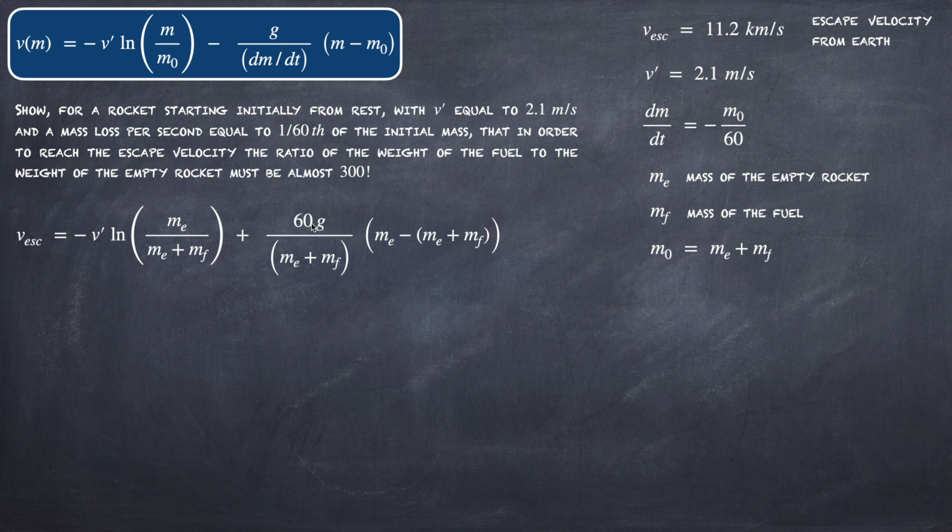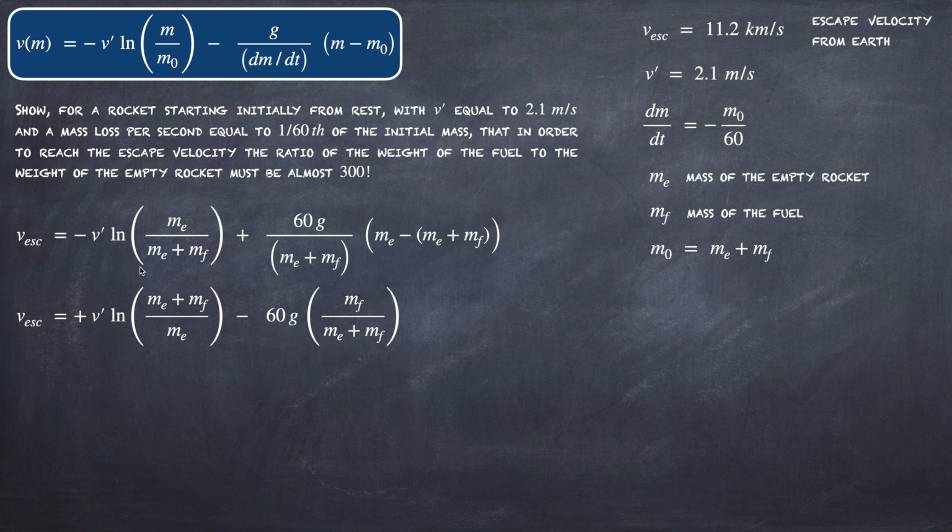So we will write 60 in the numerator, and this negative sign with this negative sign will result in this positive sign here. m0 in the denominator is me plus mf, which multiplies m, which is me, the empty rocket mass, subtracted by me plus mf. Of course, me and me will cancel out. The remaining term will be the negative of mf, and we will write it as the negative of 60g multiplying mf over me plus mf.